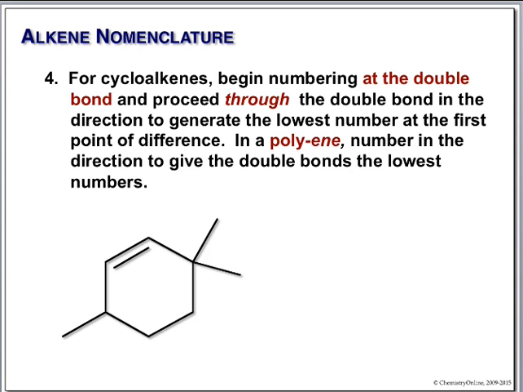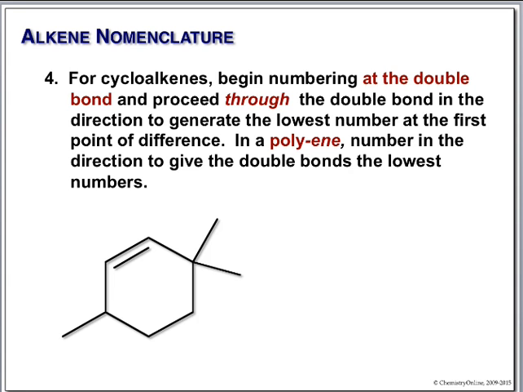We know that. If we can, we're always going to generate the lowest number sequence at our first point of difference. So the way you decide which of these is going to be 1 or 2 is to look at the numbering that you would wind up with.